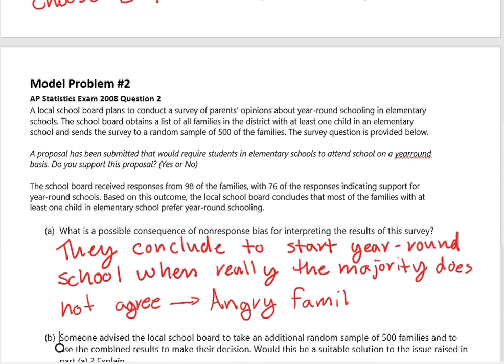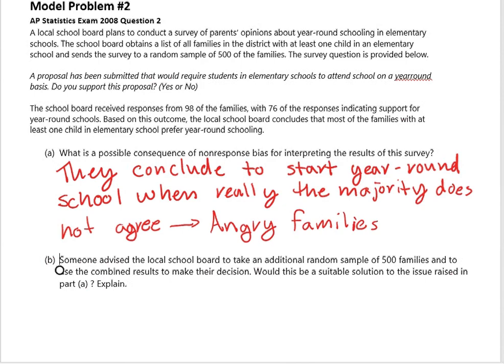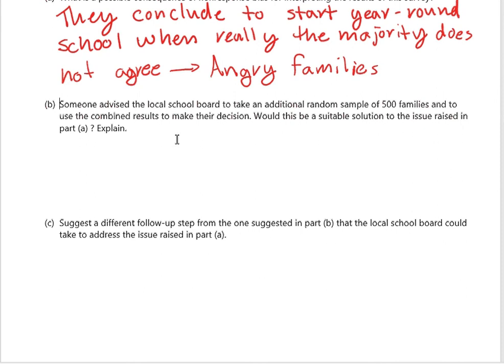Someone on the school board advised the local school board to make an additional random sample of 500 families to use the combined results to make their decision. Would this be a suitable solution? No, you can't just send out another survey and then combine your results. That doesn't deal with the original bias.